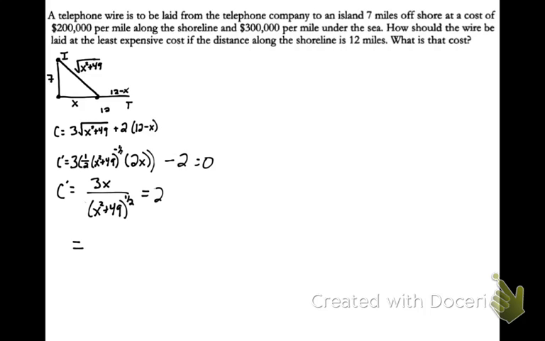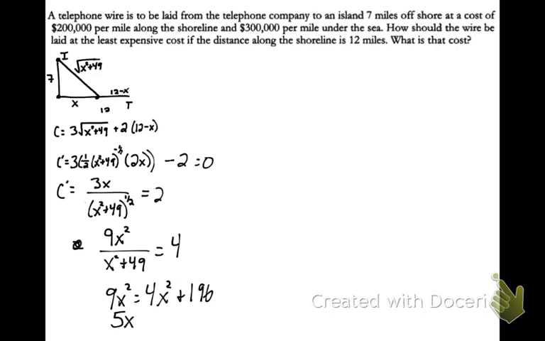If I square both sides to undo the square root, I'll have 9x squared over x squared plus 49 should equal 4, or 9x squared equals 4 times x squared plus 49. 49 times 4 is 196. Or when does 5x squared equal 196?